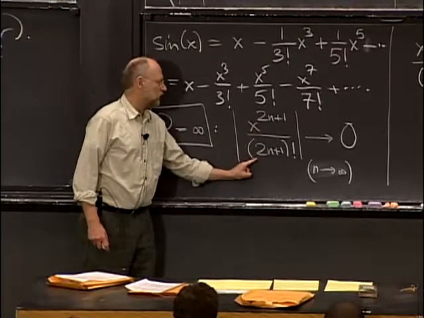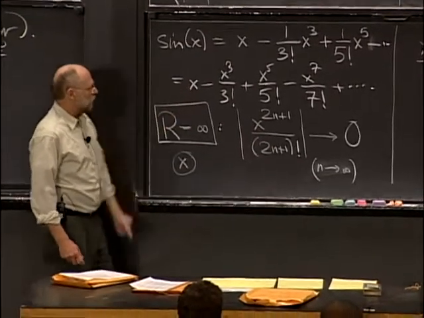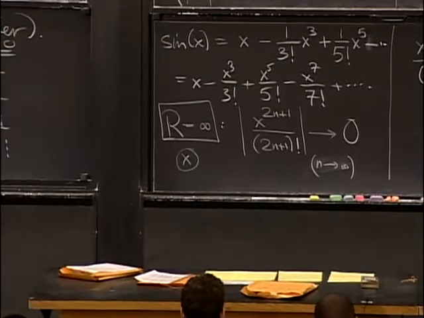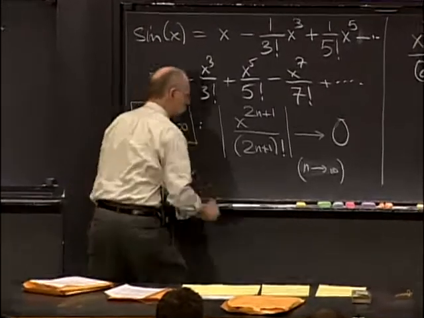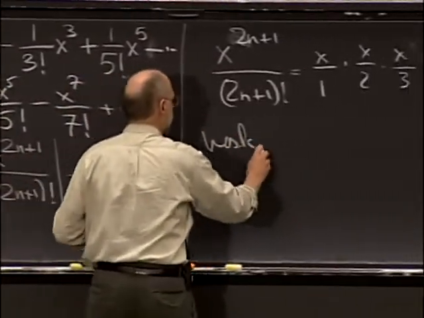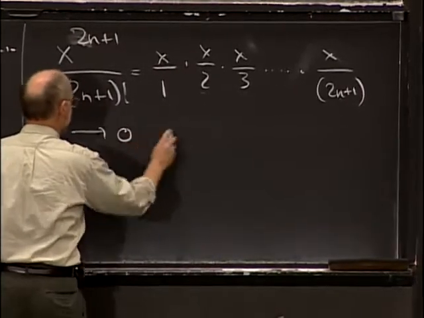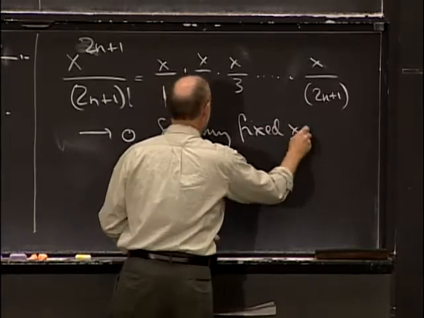This is the sign for you that this series converges for that value of x. And because I could do this for any x, this converges to 0 for any fixed x.